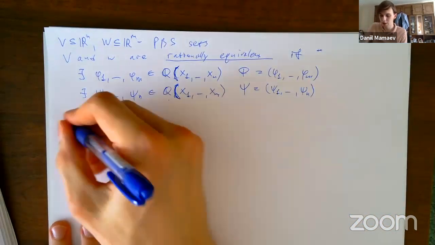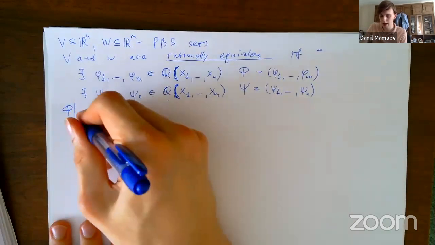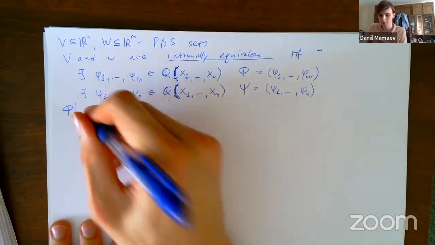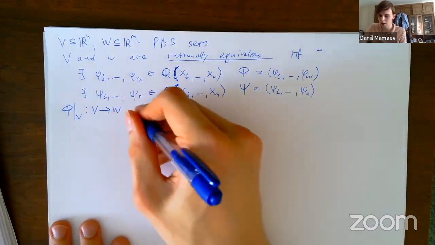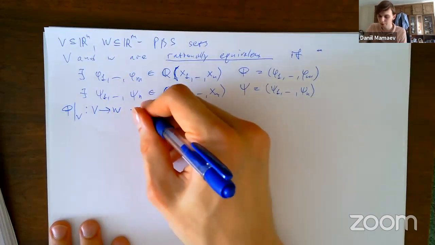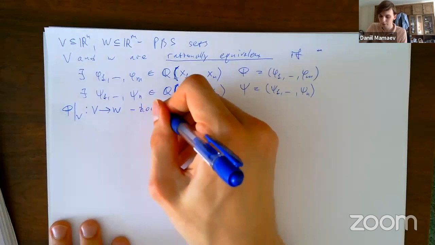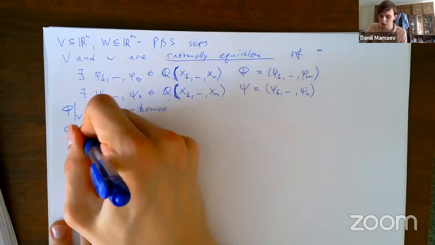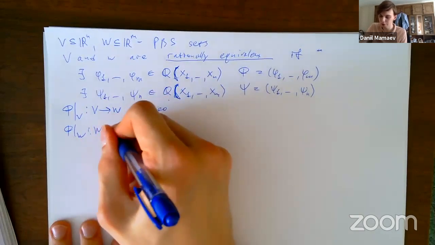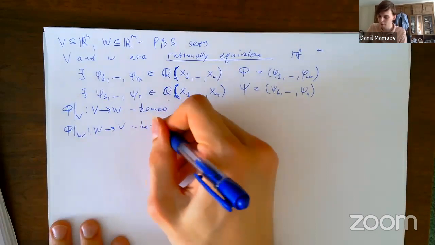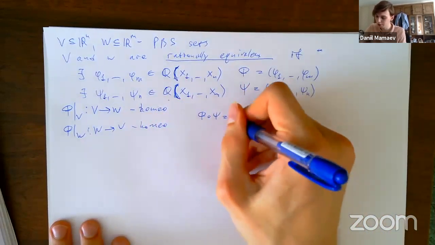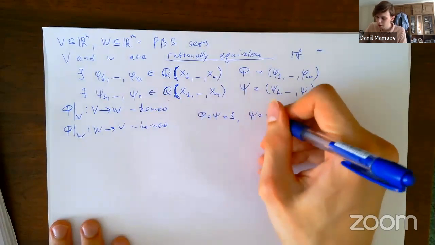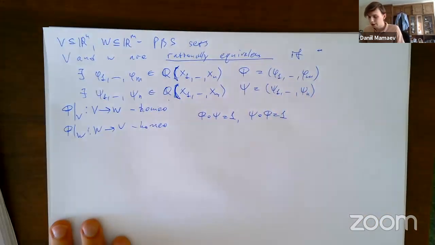And we demand that phi on V should be a homeomorphism, and psi on W should also be a homeomorphism, and that these rational functions just give you the identity.